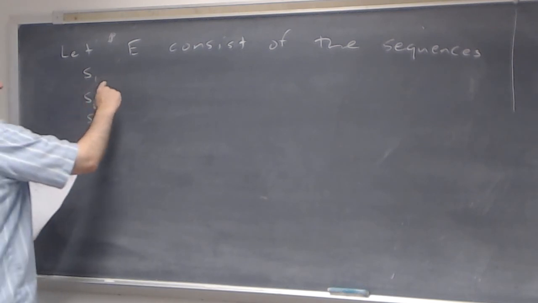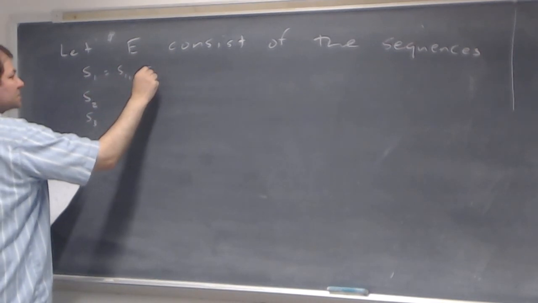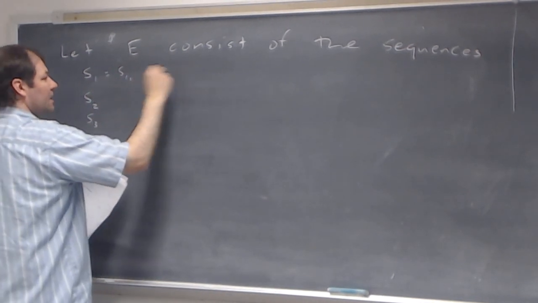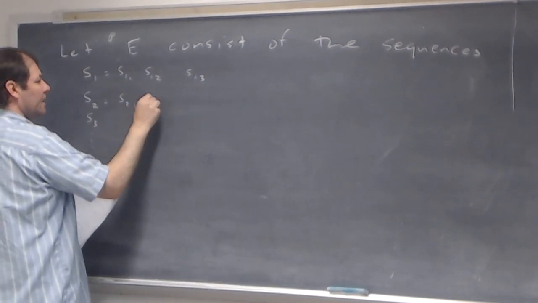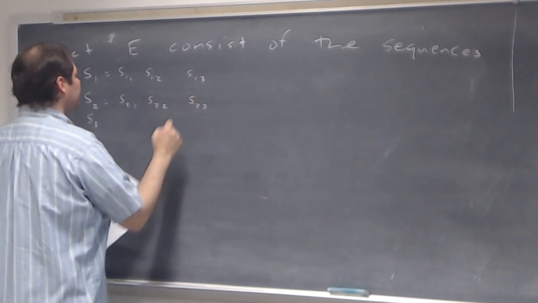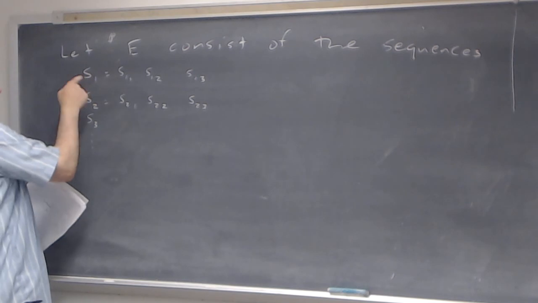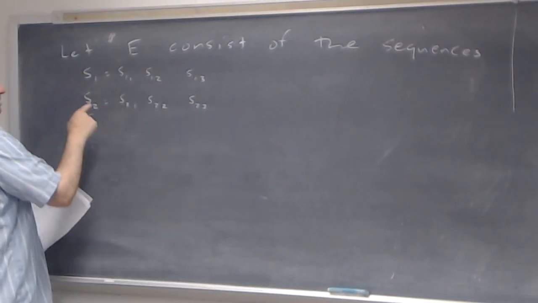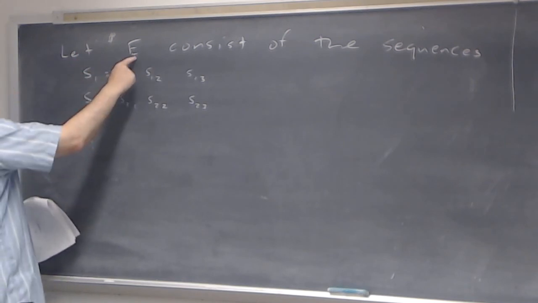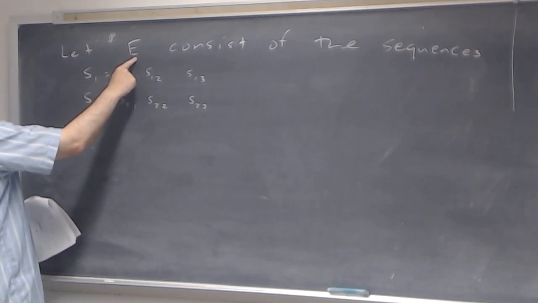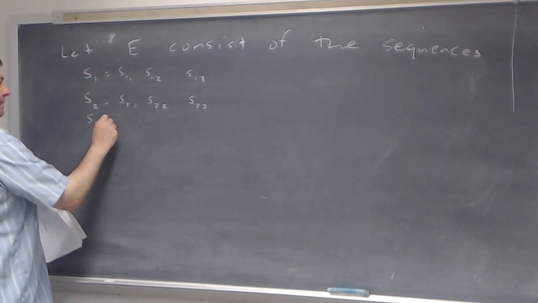Each is a sequence, so it has terms: S11, S12, S13, and here is S21, S22, S23. That's the first term of E, and it's a sequence. That's the second term of E, it's a sequence. Since E is countable, I can order the elements of E. Here's the ordering of them.